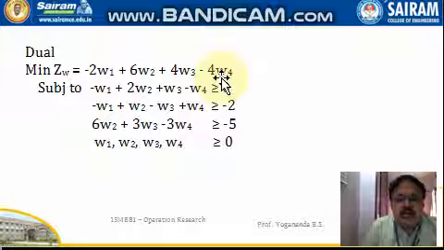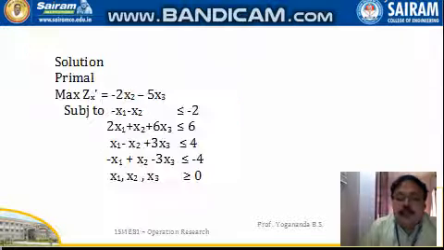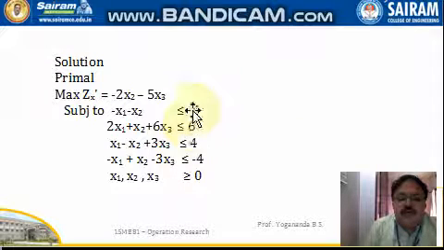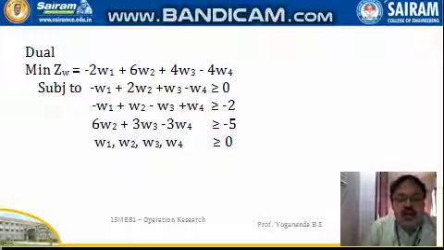Four constraints are there, 1, 2, 3, 4. So we are introducing four dual variables, W1, W2, W3, W4. Their coefficients are the constants on the right hand side of the constraints. Otherwise, as explained earlier, take the transpose of the given matrix and use it to write the dual of the given primal problem.